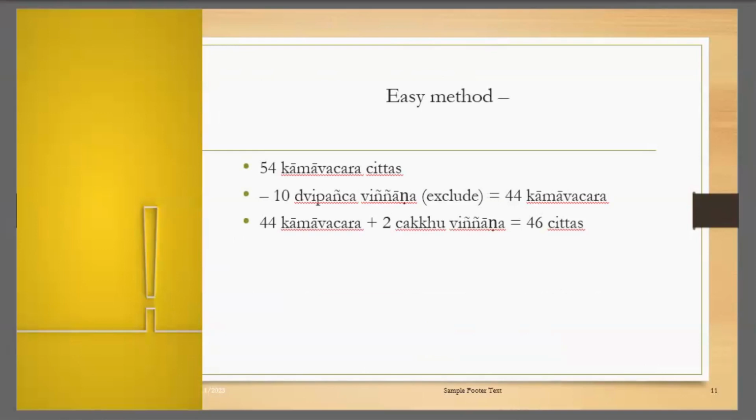If it's the ear door, we add 2 ear consciousness. If it's the nose door, we add 2 nose consciousness. If it's the tongue door, we add 2 tongue consciousness. If it's the body door, we add 2 body consciousness. Similarly, we get 46 chittas. This is the easiest way to find out the chittas that arise through the five sense doors.